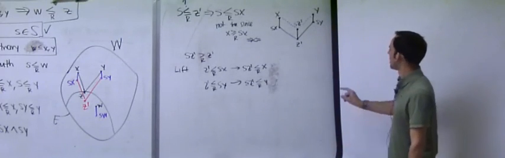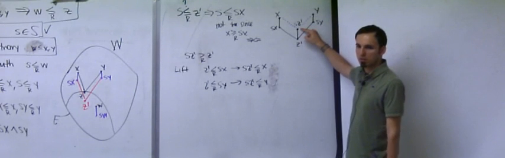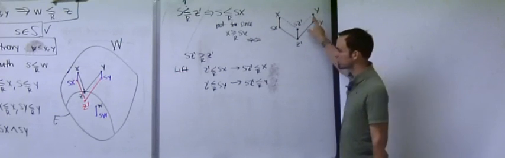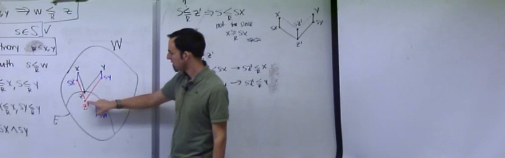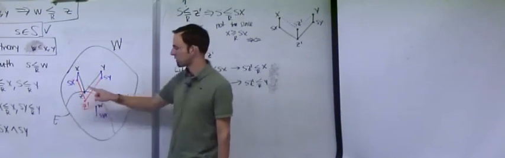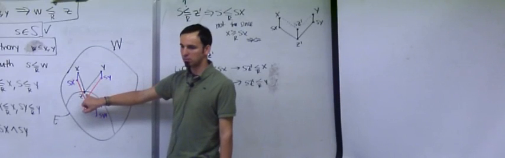So what have I just proved? Well, I have proved that sz prime is a lower bound for x and y. So that means that when I multiply z prime by s, I land inside E. Can I conclude from that that this is actually z?